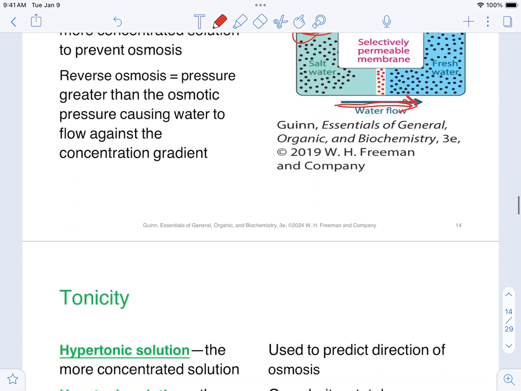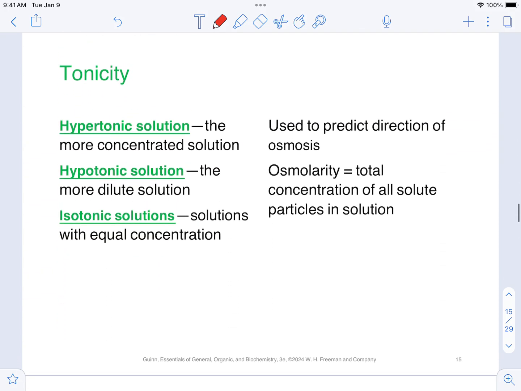Okay, tonicity, three very important vocab words that we're going to use a lot. Hypertonic solution. That is more concentrated. Hyper, more. Hypotonic with an O. That is less concentrated or more dilute. That will have fewer solute particles. And then isotonic solution, that is equal concentration.